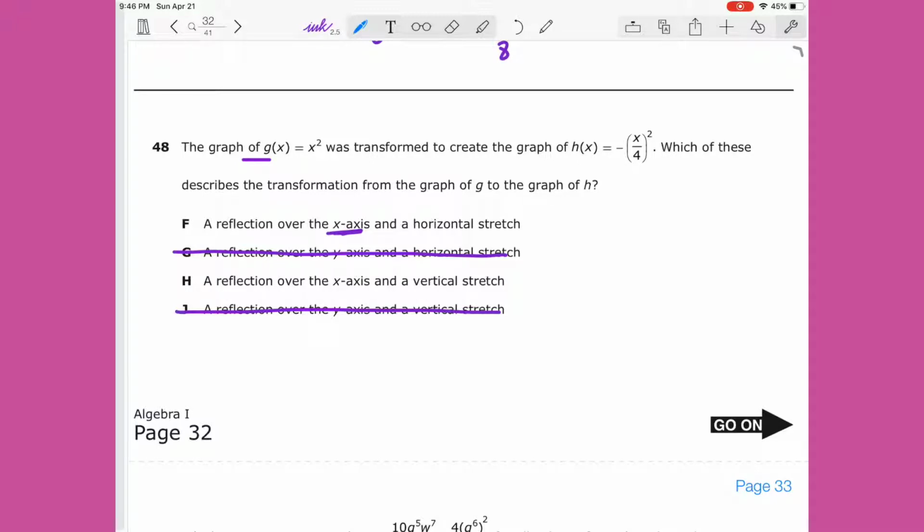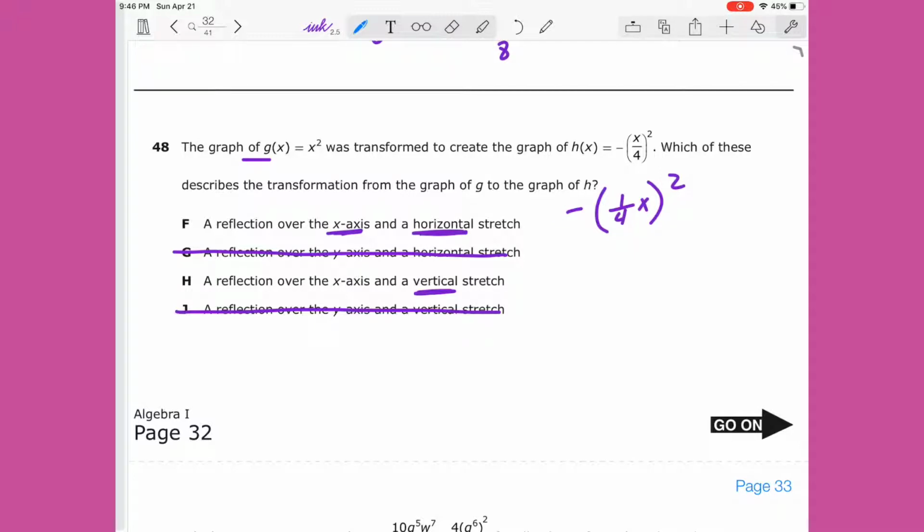That negative being outside of the parentheses means that we're reflecting it across the x-axis. Now, inside the parentheses, we're talking about a horizontal change. So our verbiage here is horizontal or vertical. In this case, this is like 1/4 x squared.